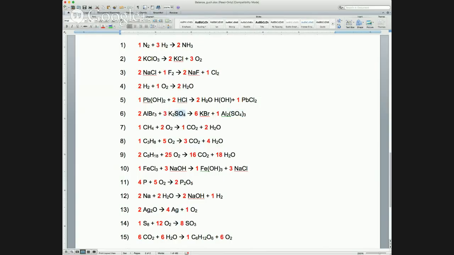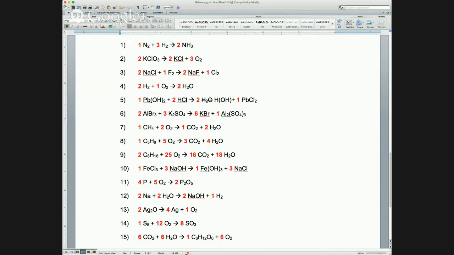That gives me 6 Ks, since there are 3 K2s, so I have to put a 6 over here in front of the K. That leaves me with this BR3. I have to put a 2 out in front of that, and it gives me 6 Brs. So that's how I end up balancing that.